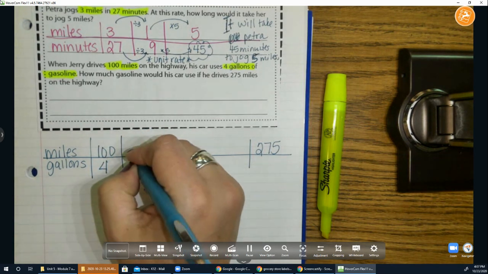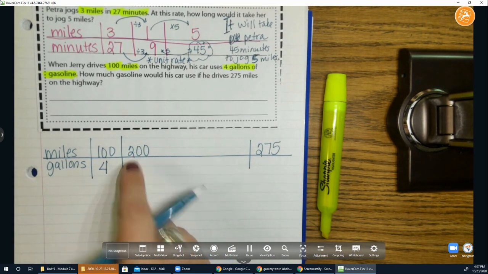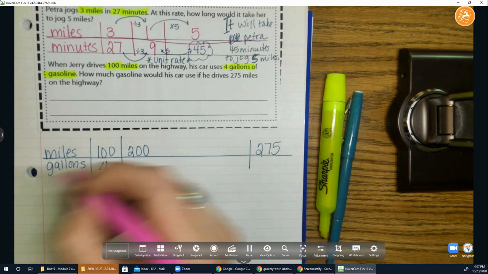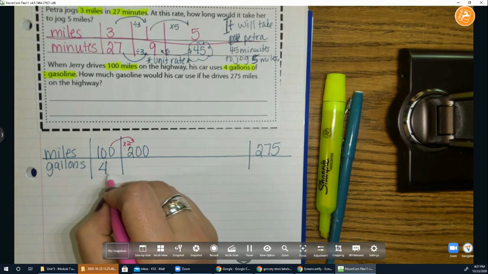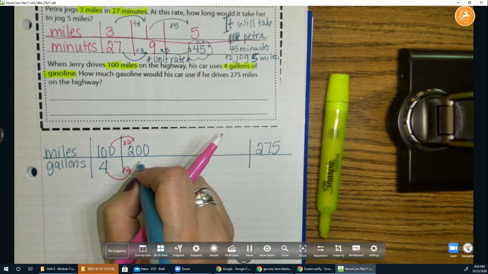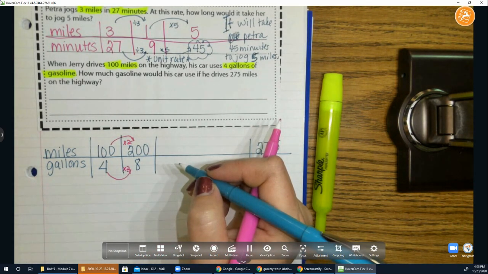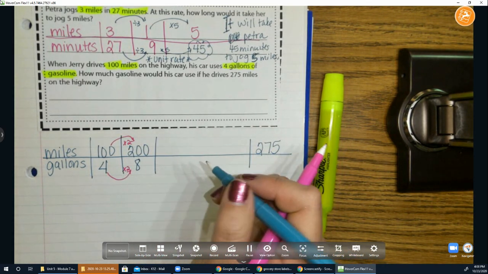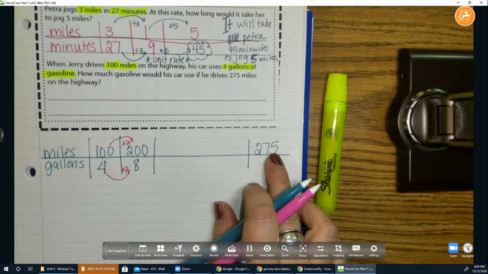Well, I can get to 200 by doubling 100. So if I doubled 100, I get 200. If I double 4, I get 8. So 8 gallons of gas will take me 200 miles. Okay. Well, I'm close. Now I just have 75 to go.